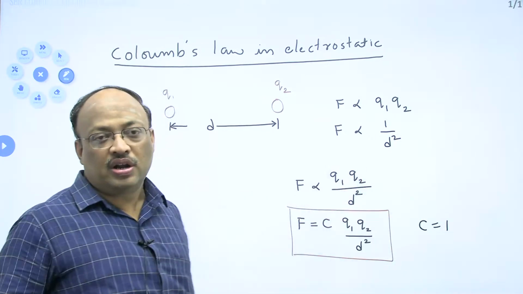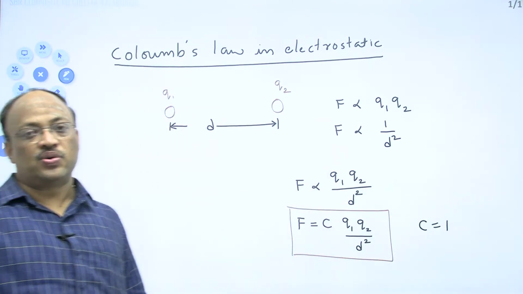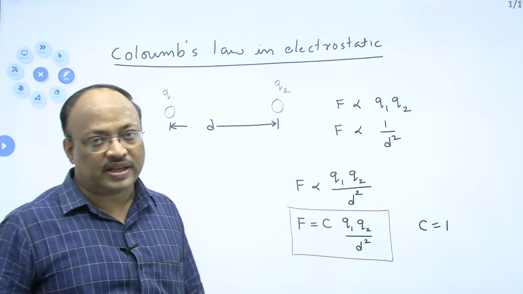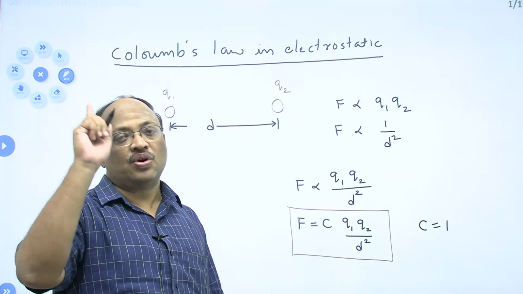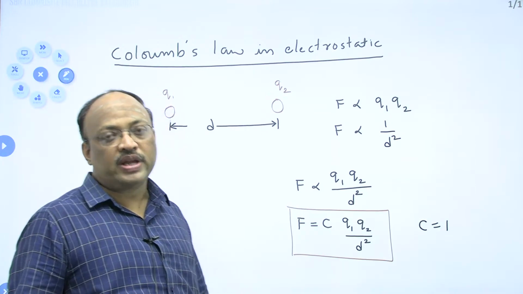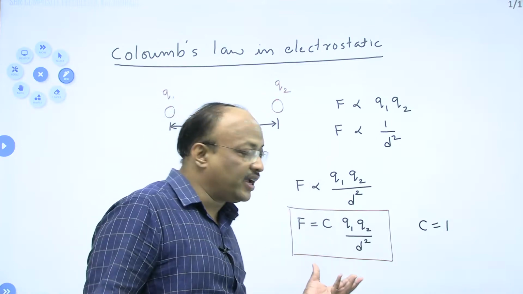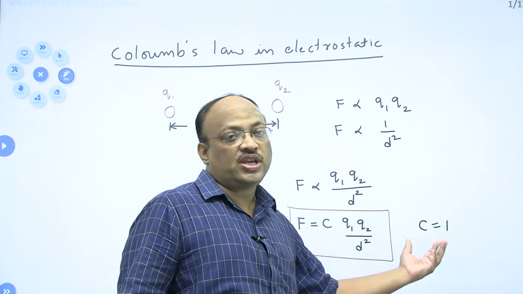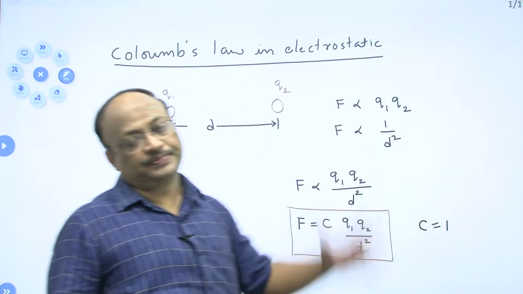How we were doing in the case of Newton's laws of motion, F is equal to ma. In fact, F is equal to kma there. In SI unit, we take that k value as 1 while proving F is equal to ma. Very similarly, in CGS unit, he has taken this C value as equal to 1.